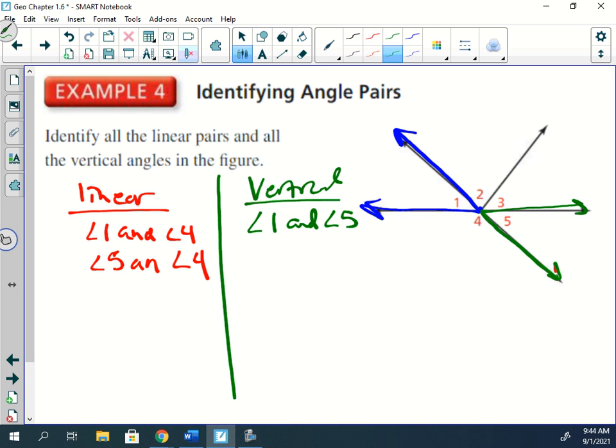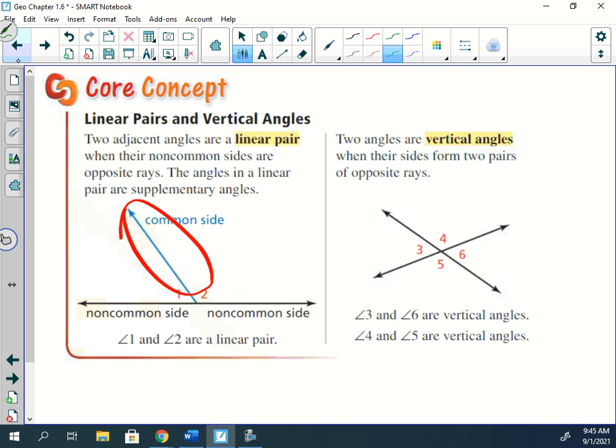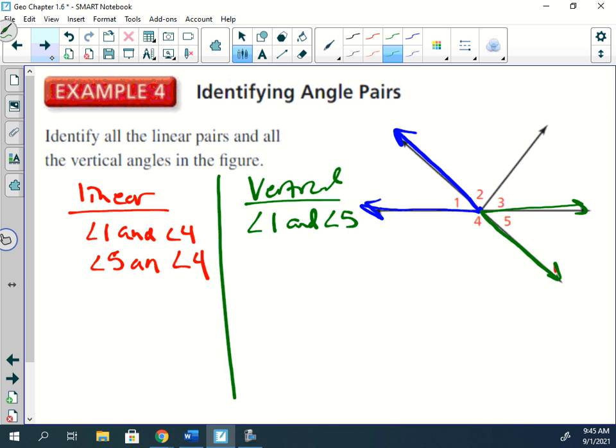How do you tell, for 5, how's it not 4? Sides form two pairs of opposite rays. So where's the opposite ray going from this one here? It's going this way, yes? And this one's opposite ray is going which way? Down here, yes? What angle is contained? 5 and 1.